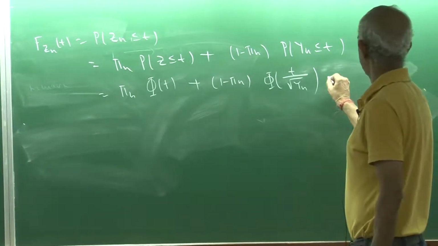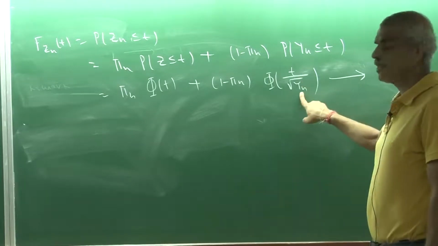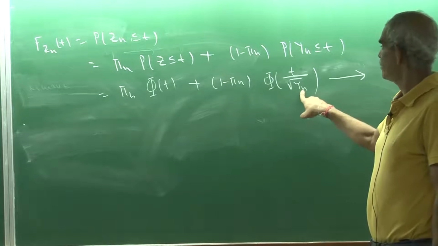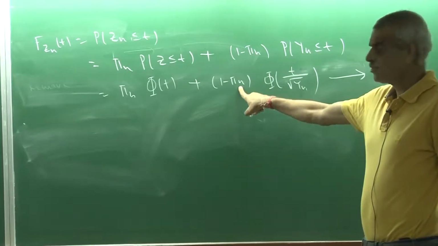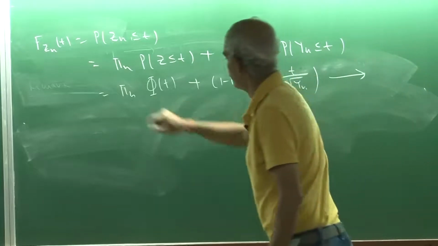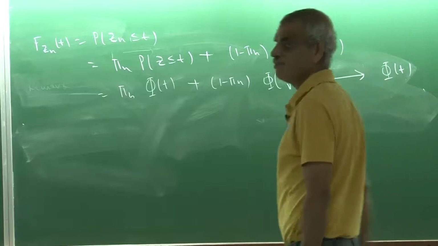Where does this go as n goes to infinity? As n goes to infinity, tau_n goes to infinity. So phi(t over tau_n) goes to half, but 1 minus pi_n is going to 0 and pi_n goes to 1, so the whole thing goes to phi(t), which is normal 0, 1.